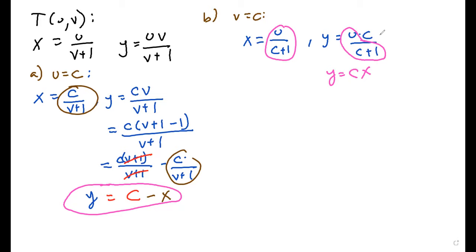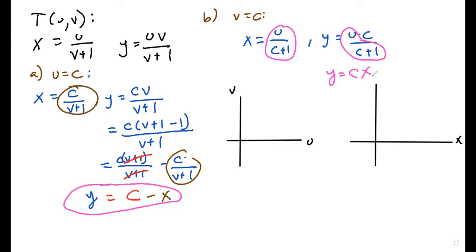And so this is going to be our answer for part B. Let me just draw a picture here to illustrate what is going on. So this is going to be in the UV plane, and let me draw axes here in the XY plane. Okay, so what is going on here?